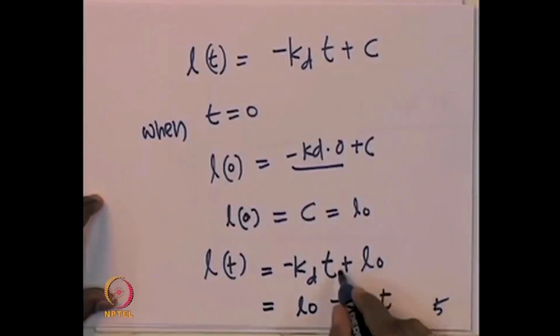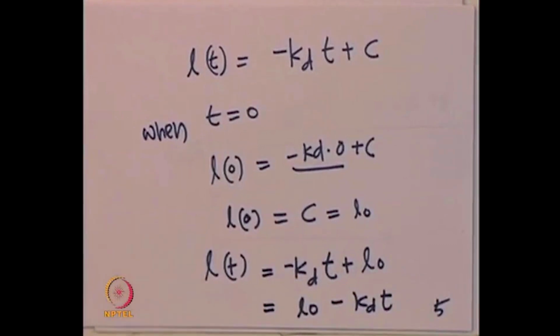Previously it was L0 plus Kp t, now it became minus. So whatever the initial length, from that it decreases as time goes. This is again a straight line with a negative slope, like y is equal to c minus mx.